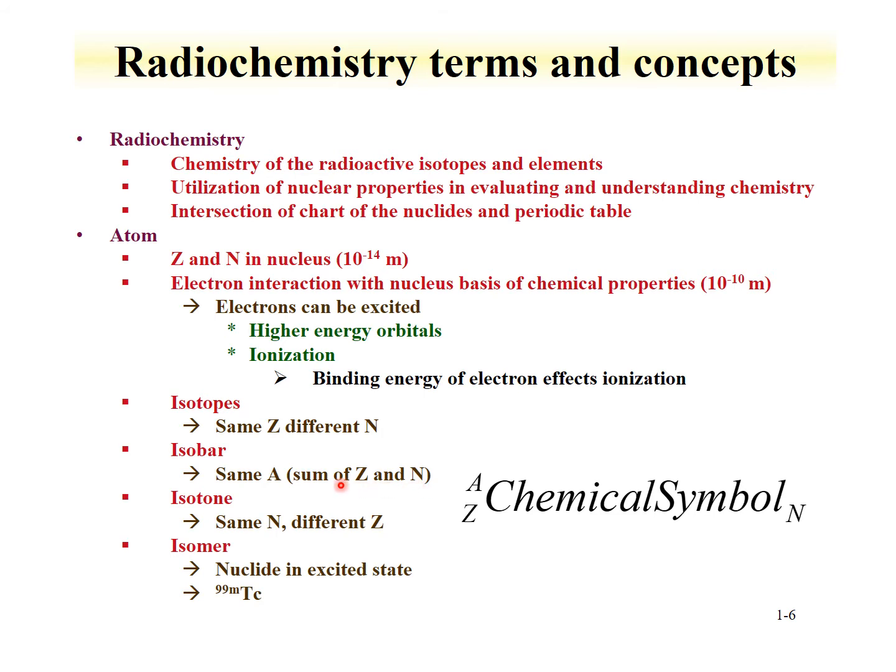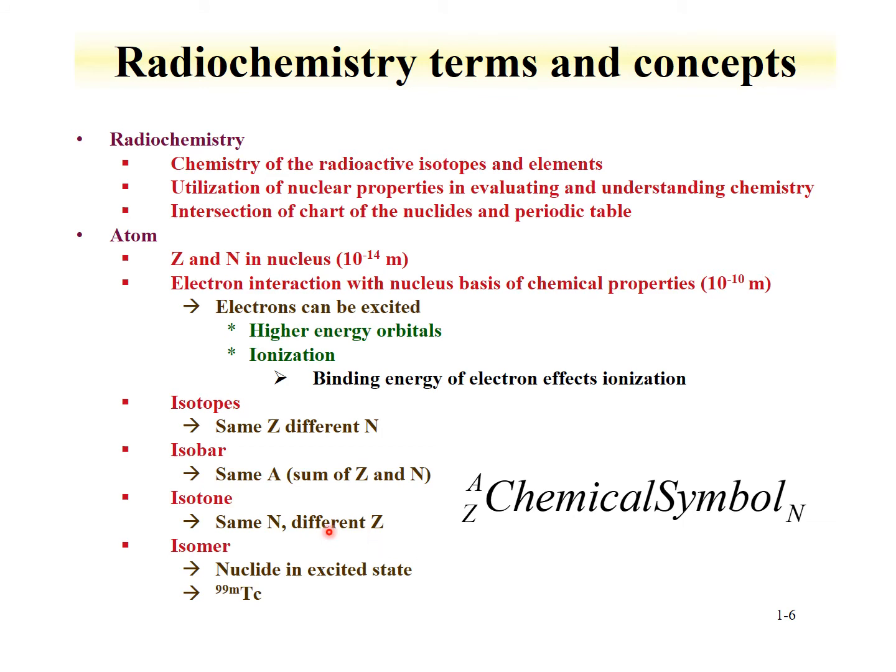So as an isotope undergoes beta decay, it converts a neutron into a proton, so the sum, the A, remains the same. An isotone, that's the same number of neutrons but a different number of protons. This is used to help identify how the neutrons and the protons have properties within the nucleus.